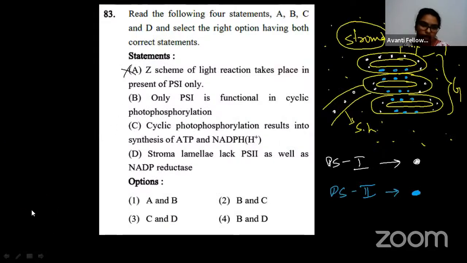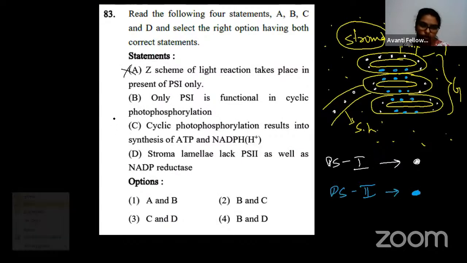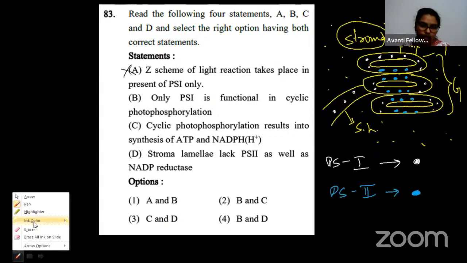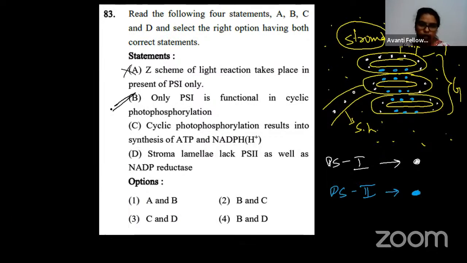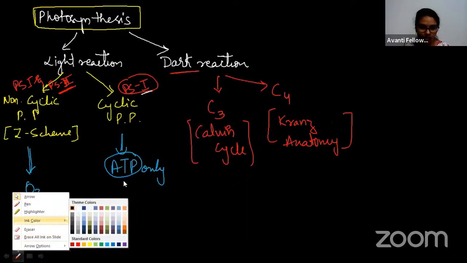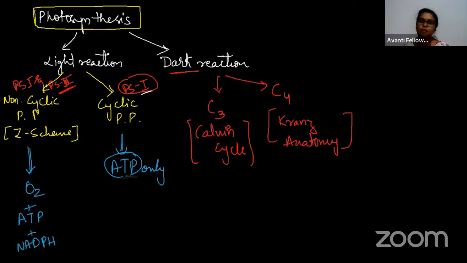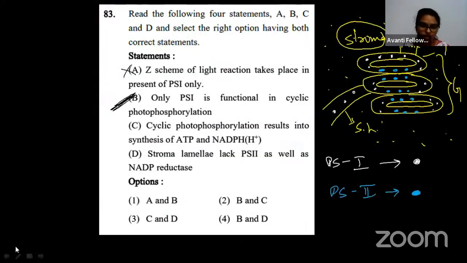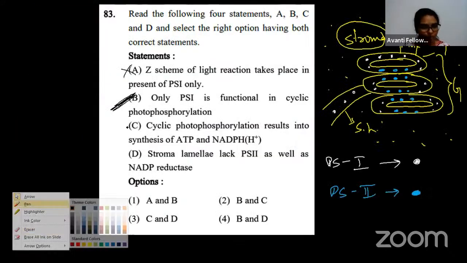This is correct statement, B statement. Now see. Cyclic photophosphorylation results in synthesis of ATP and NADPH? No. It results only in ATP, सिर्फ ATP. So hence this is also the wrong option.